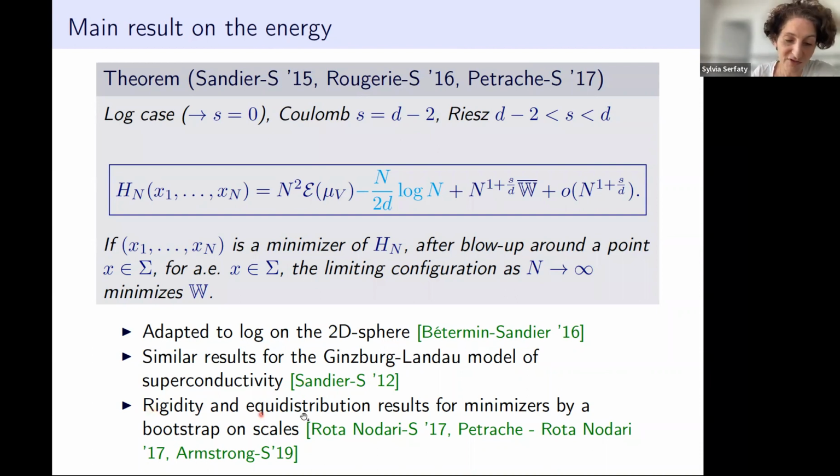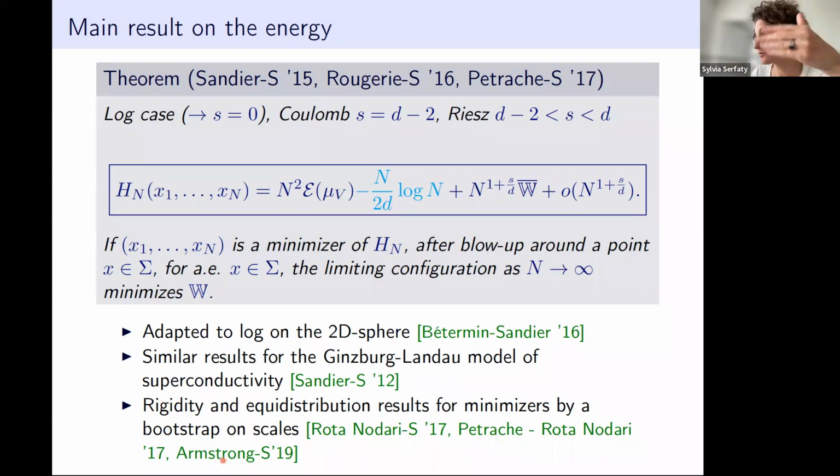There are some more precise results about equidistribution of energy and of points for minimizers that you can show by bootstrap on scales. So there were works with Simona Rota Nodari, Mircea Petrache, and myself and Armstrong.